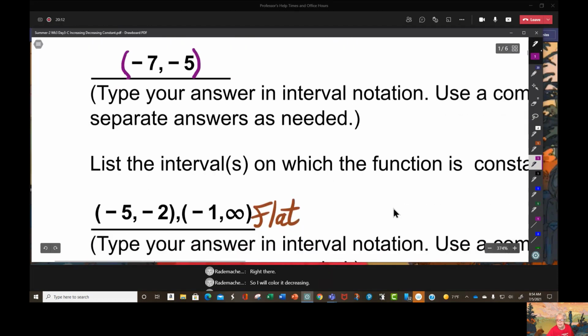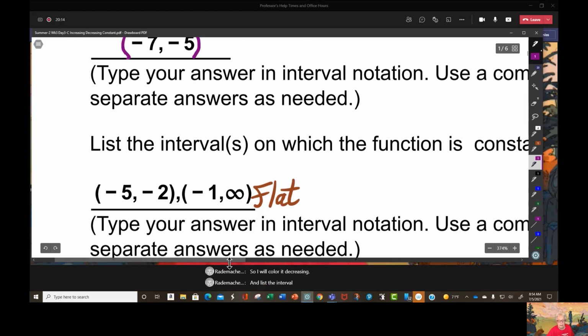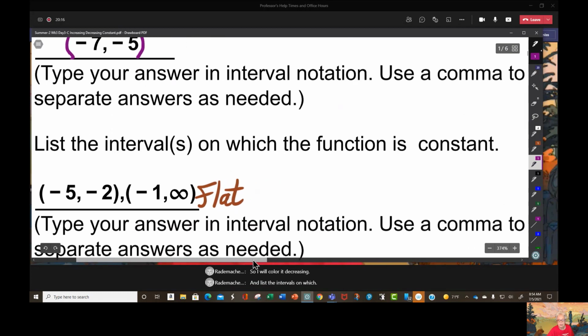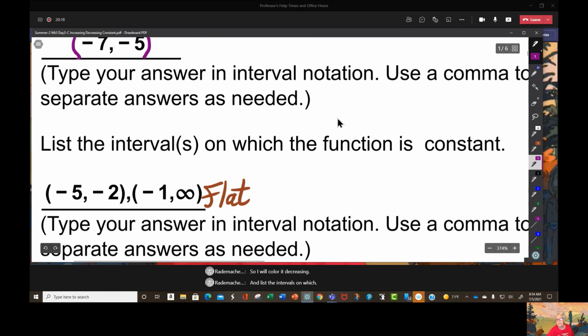And list the intervals on which the graph, the function and the graph are the same thing when the graph is drawn accurately. List the intervals on which the function is constant, flat. Well, there are two of them.